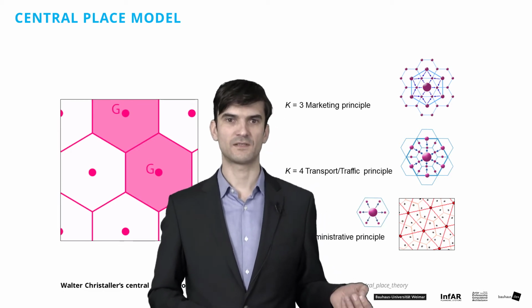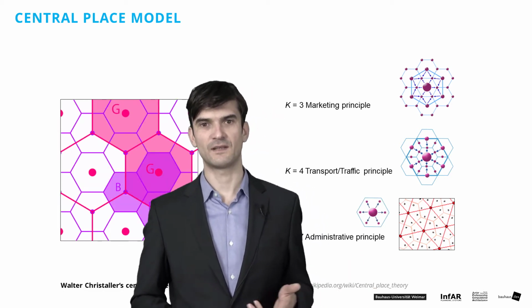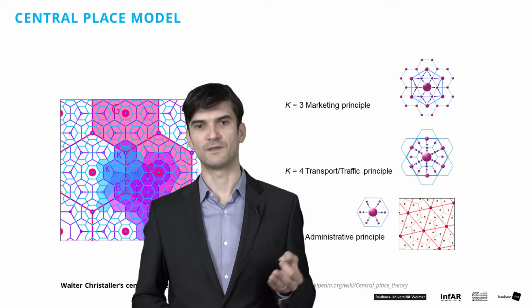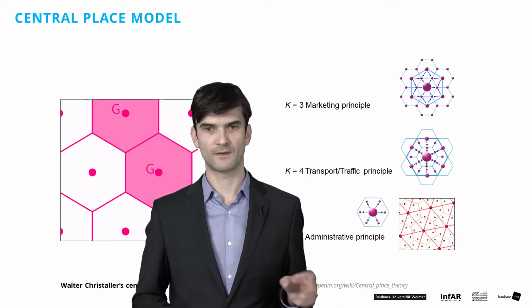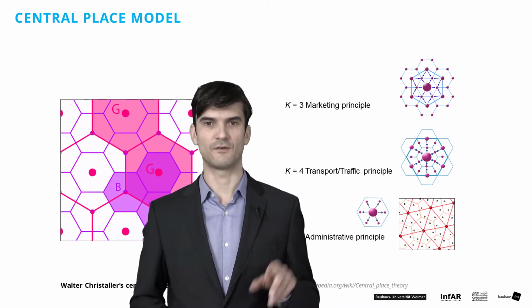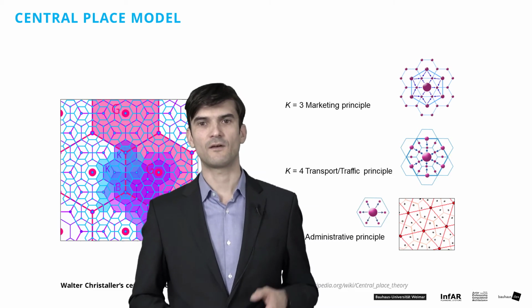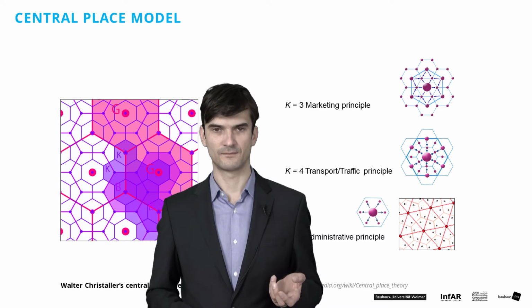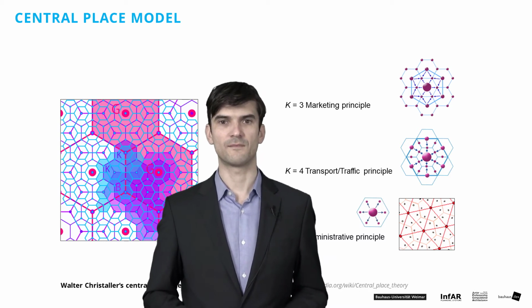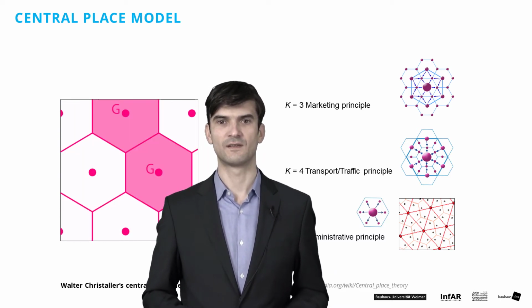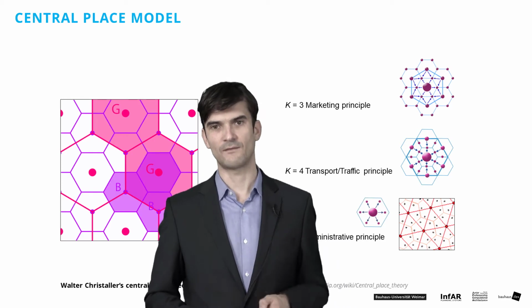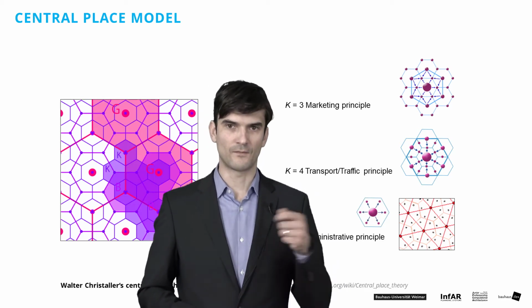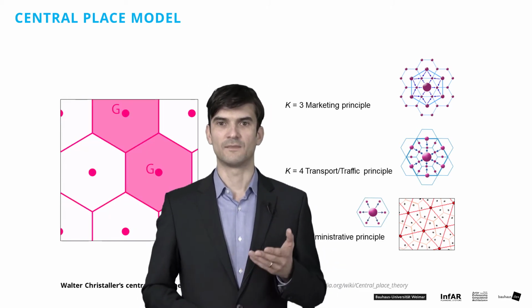The lower-sized nodes, which are 6 in number, of the second largest cities around this, arranged on the circle, are located at the corner of the larger hexagon. However, also in this marketing network, the distances that you have to travel from one center to the other are not minimized.